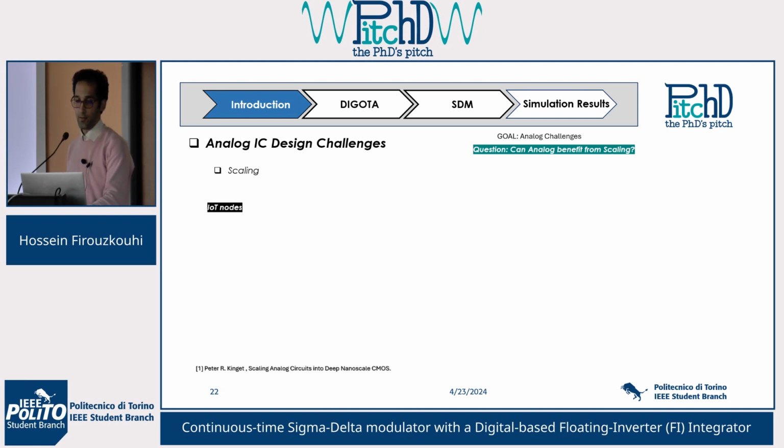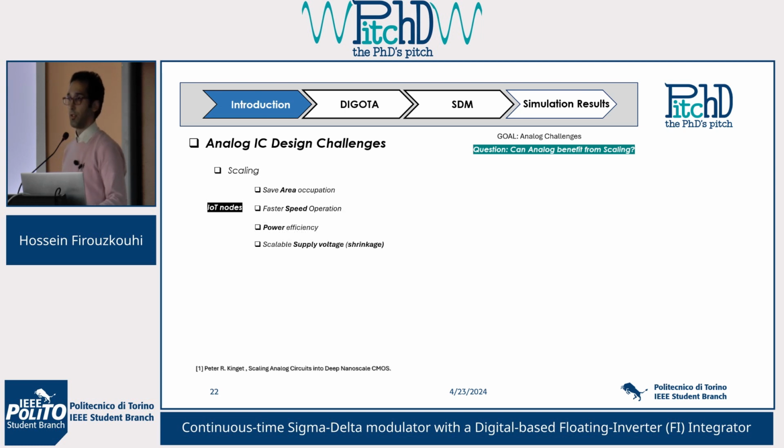The first challenge corresponds to scaling. As you know, in IoT nodes, which is the topic of this project, we are looking for saving area, faster speed of operation, power efficiency, and scalable supply voltage.